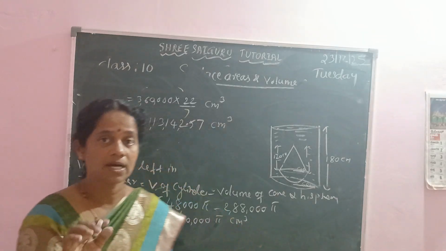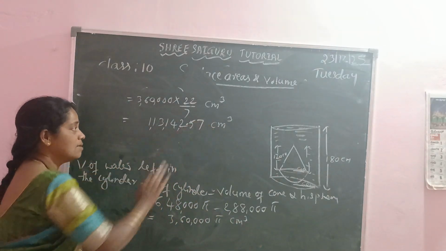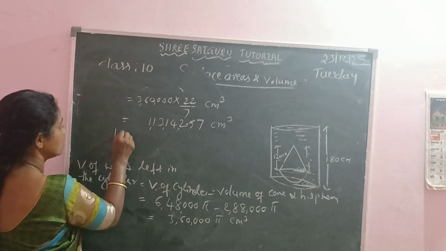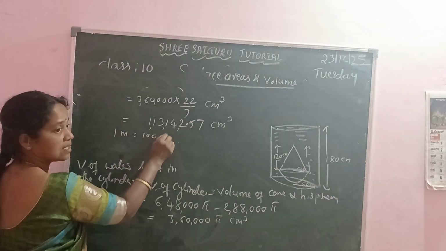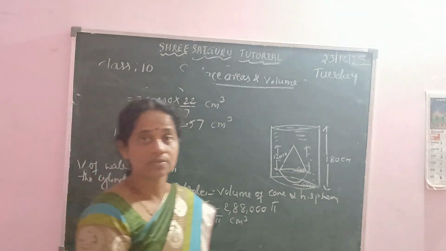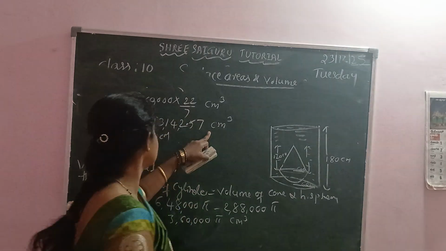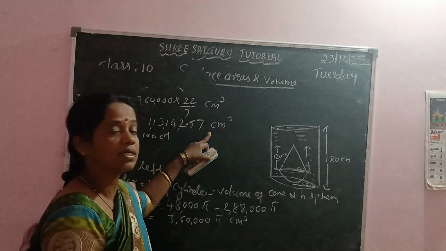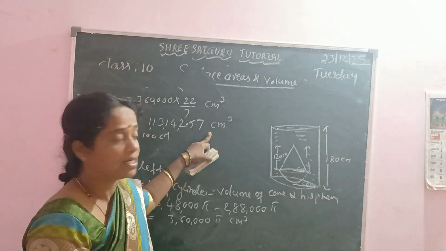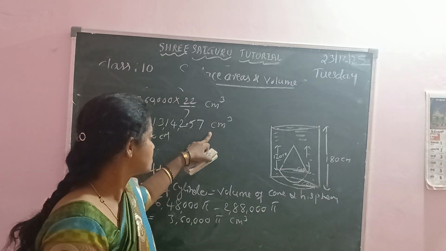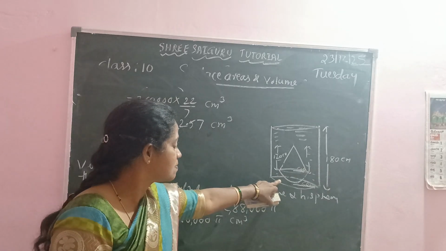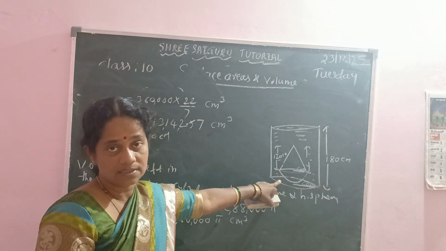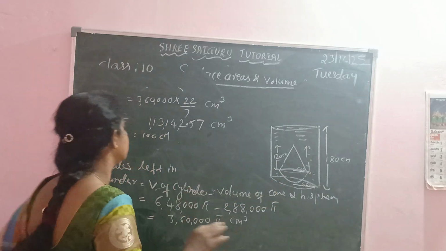So this value you have to convert in terms of the meter. So you know that here 1 meter is equal to how much? 100 centimeter. So we have to convert centimeter cube in terms of meter cube. The volume of the remaining water which is present inside the cylinder, we have to convert in terms of the meter cube.